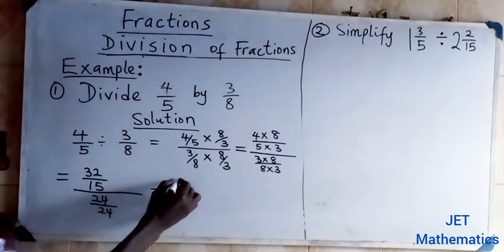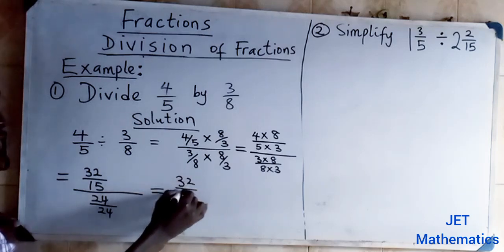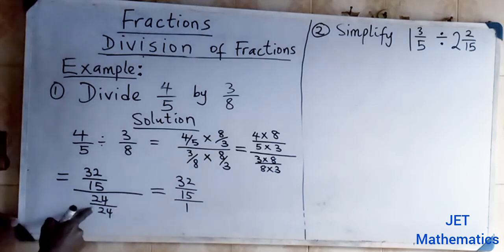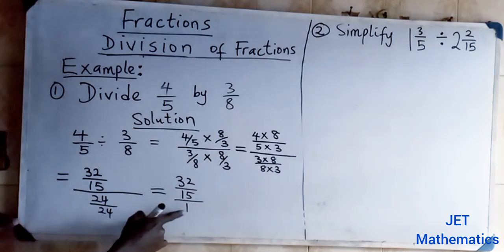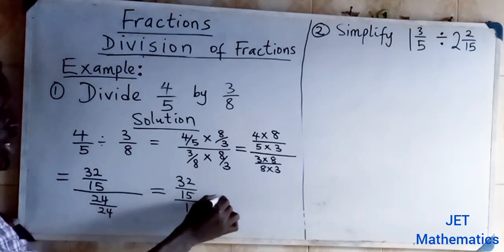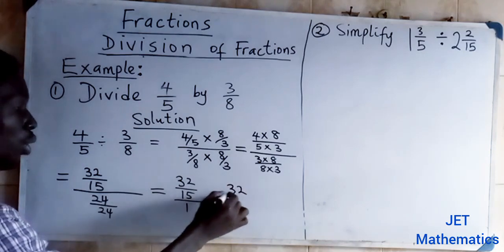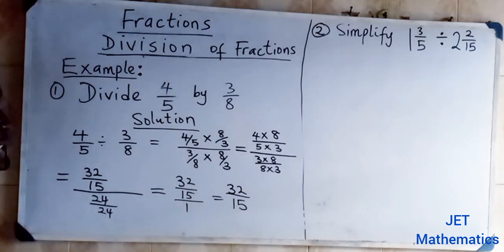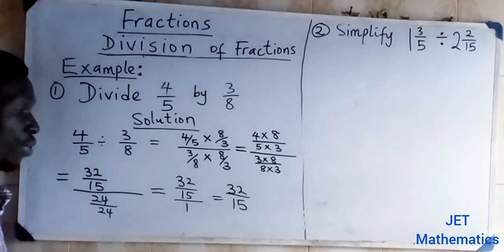So we have here 32 over 15 over 1. Remember, 24 divided by 24 is 1. So remember, anything divided by 1 still gives us 32 over 15. Alright, 32 over 15.